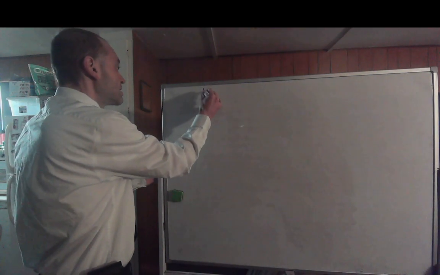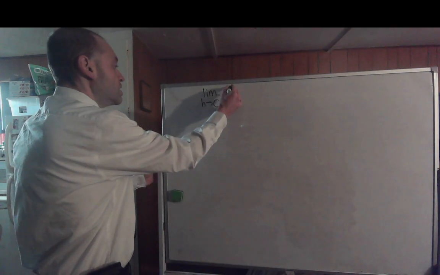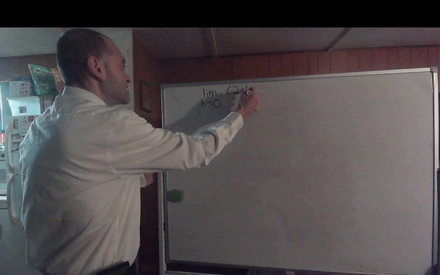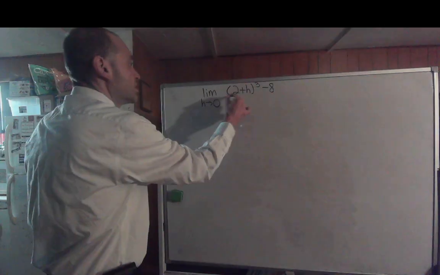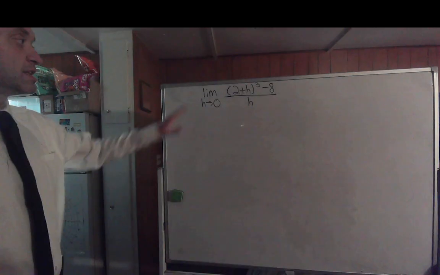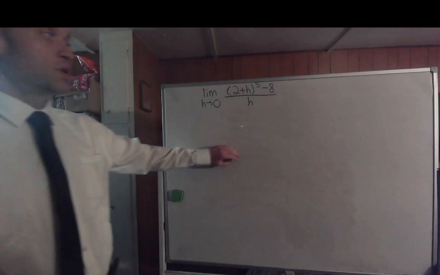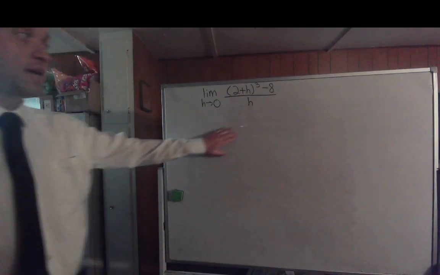Let's take the limit as h approaches 0 of (2 plus h) to the third power minus 8 all over h. So we're going to take the limit as h approaches 0 of (2 plus h) quantity cubed minus 8 over h.